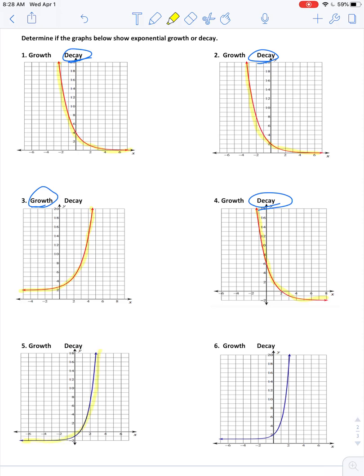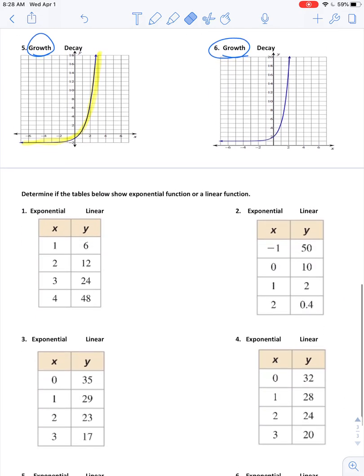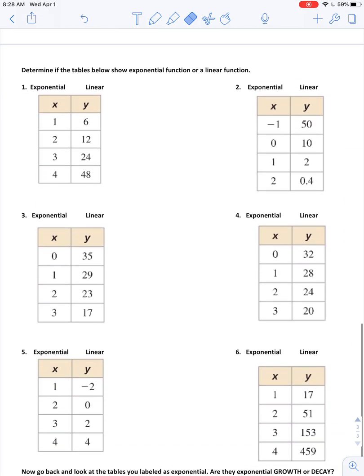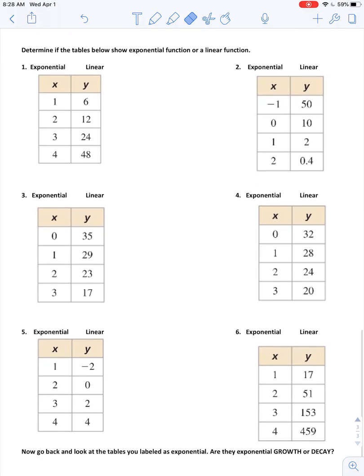Here we're back to left to right, smaller and smaller numbers. All right, what's happening here? Left to right, I keep getting bigger and bigger numbers. So left to right, I'm going up and up. And left to right, keep going up, up, up from left to right. So that's exponential growth.